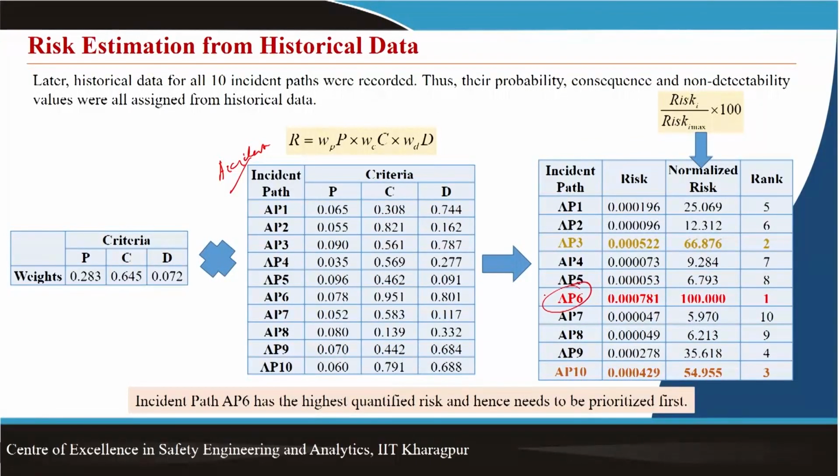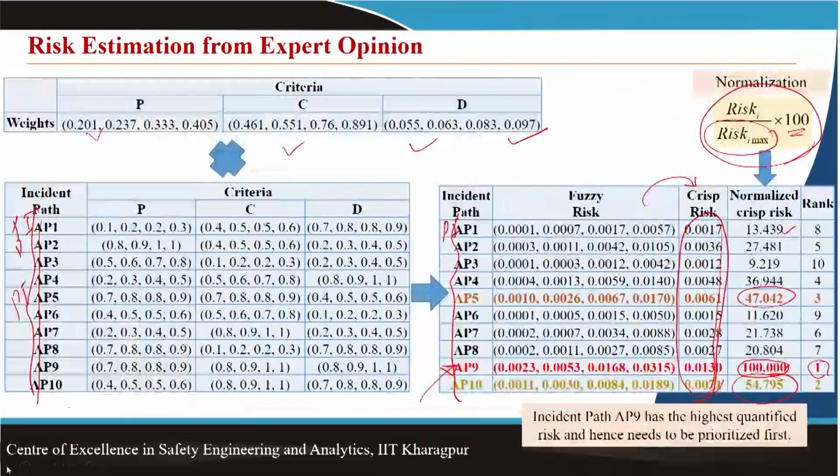Now AP6, then AP10, I think AP3 and AP10 are coming. Although there is no relation between my earlier example and this example as far as development is concerned, if you want to find a relation, suppose that actually happened: you had done this before any accident happened and found that PIP 9 is more prominent, then PIP 10, and then PIP 5.